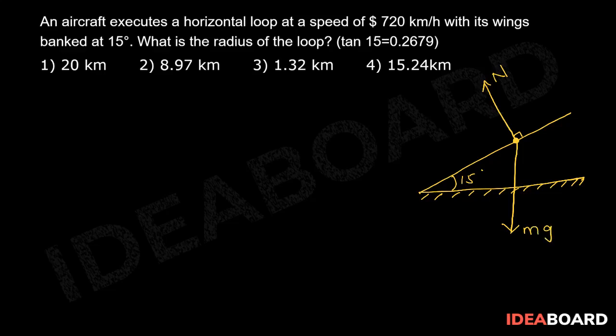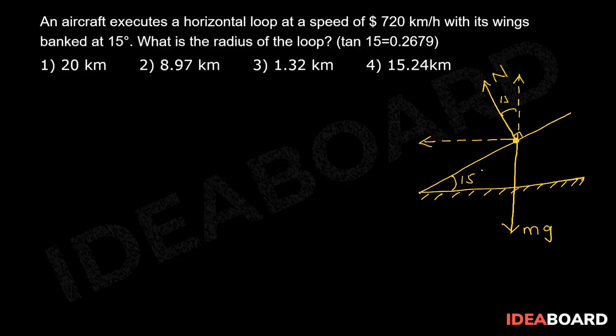Because of the banking of the wings, the normal force will provide the necessary centripetal force for executing a horizontal loop.